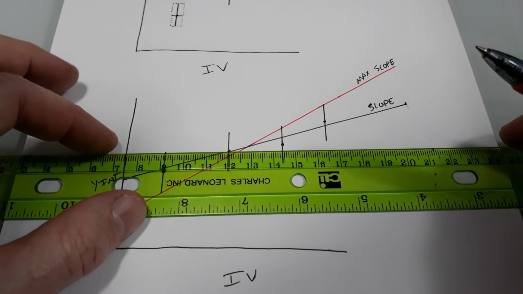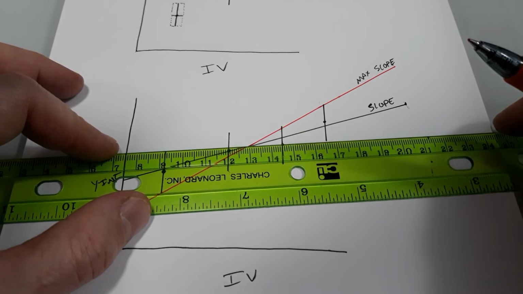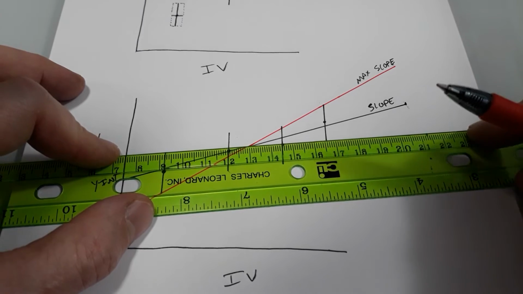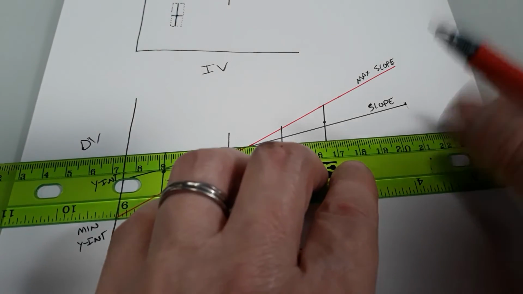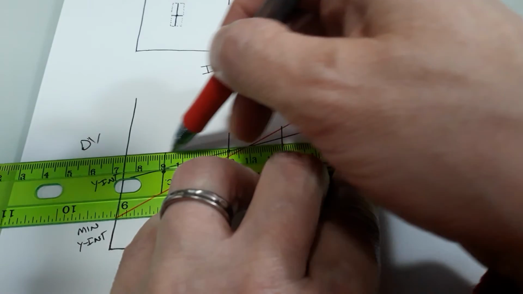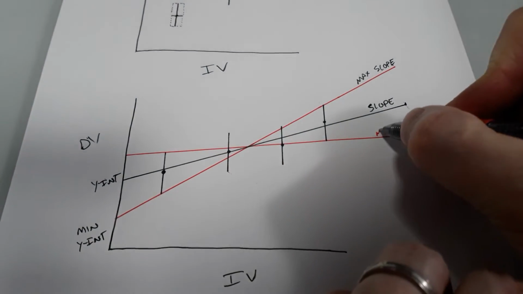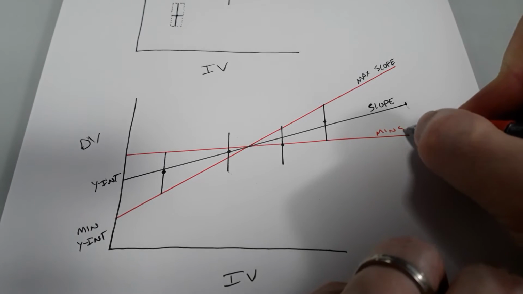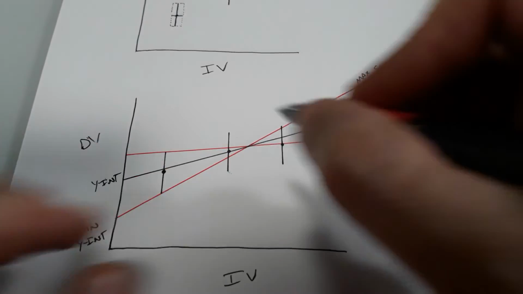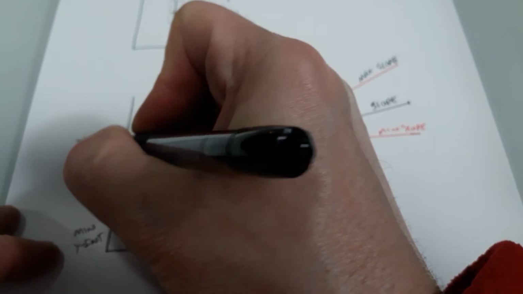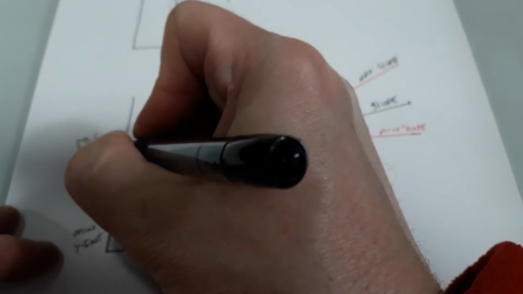It will go through the top of the first error bar and through the bottom of the last error bar. That is the lowest possible line that I could draw that would still fit the data, that would still hit all or nearly all of the error bars. This is our minimum slope. And sorry, I don't know why I did that in that color. This is our maximum y-intercept.